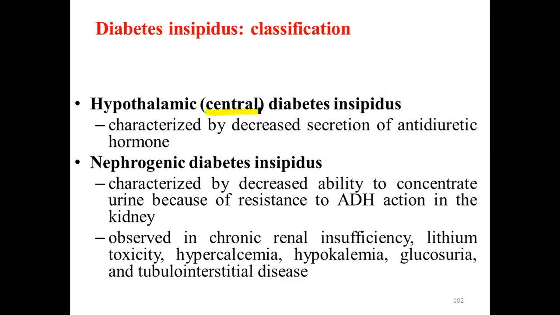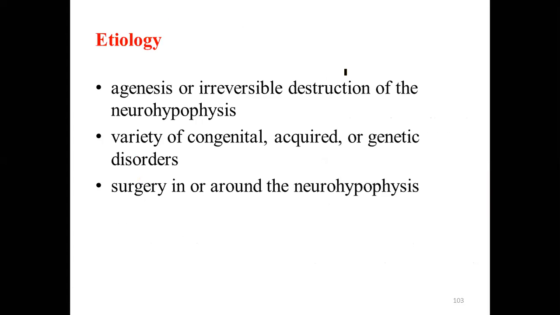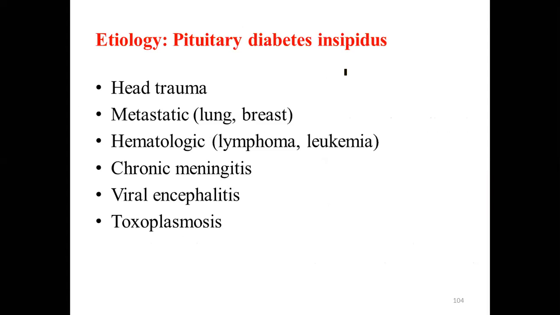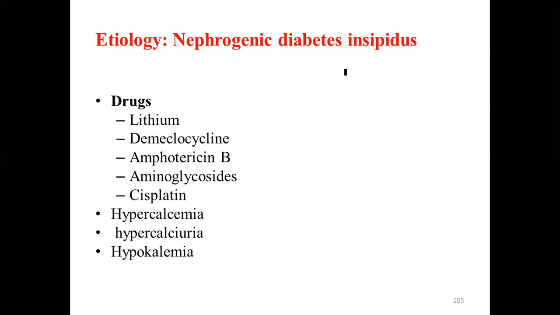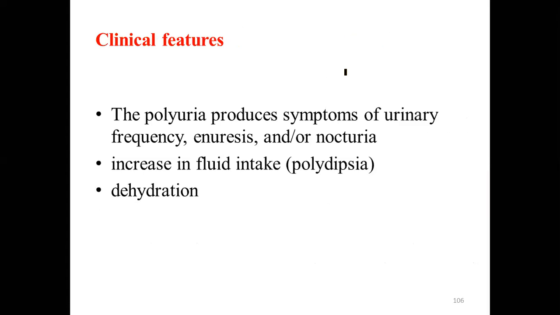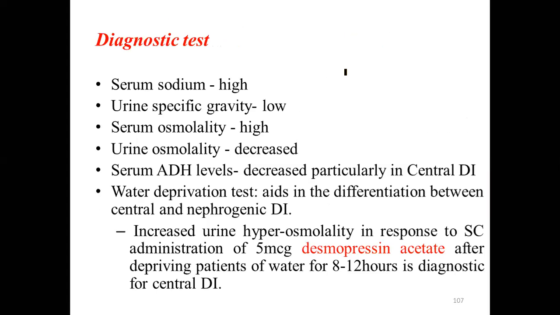We also mentioned hypothalamic and nephrogenic DI, and the difference between the two. One is deficiency and the other one is resistance. We mentioned the etiologies of pituitary DI as well as nephrogenic DI, and the clinical parameters of this condition, mostly polyuria, dehydration, and increased fluid intake as the most common clinical presentation.